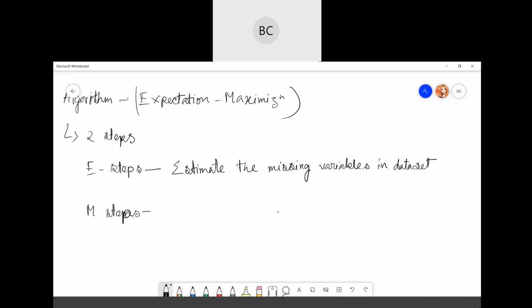And what the M step does, it basically maximizes the parameters of the model in the presence of the data.